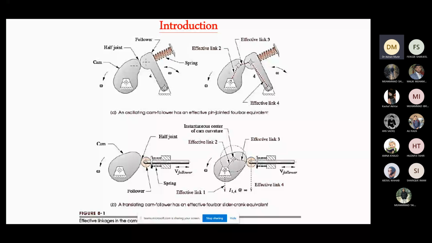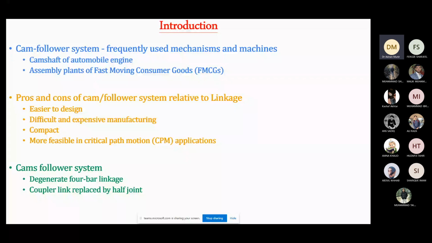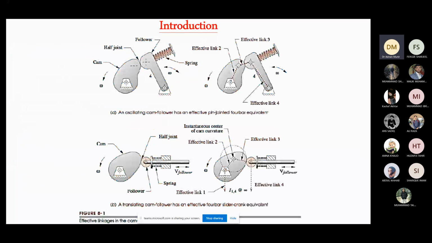Because as it rotates, the spring compresses and it is forced to move back. So the follower in this case is performing to and fro motion, as specified by the direction of omega. This type of cam follower is called an oscillating cam follower.